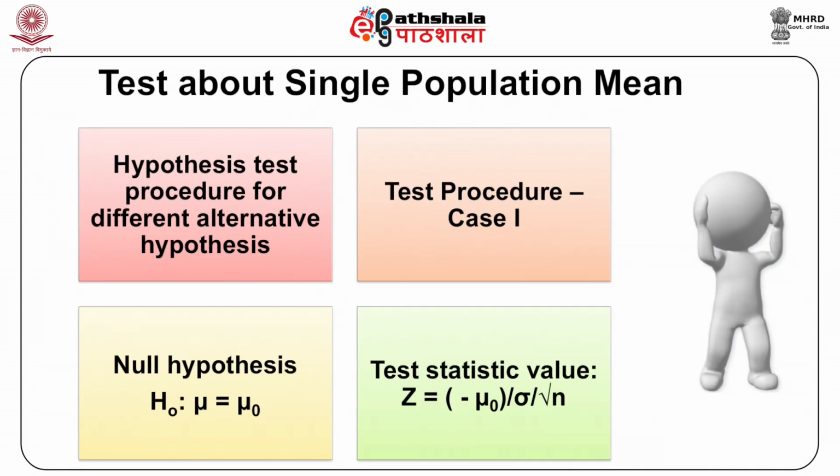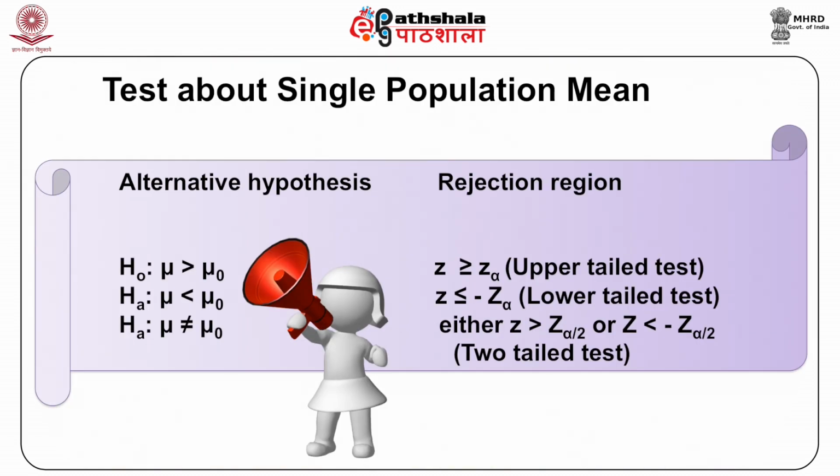Now we outline the hypothesis test procedure for different alternative hypotheses. Test procedure for case 1: null hypothesis H0: mu equal to mu0. Test statistic value is Z equal to (x bar minus mu0) divided by (sigma by root n). Alternative hypothesis HA: mu greater than mu0, the rejection region is Z greater than or equal to Z alpha, which is the upper tail test.